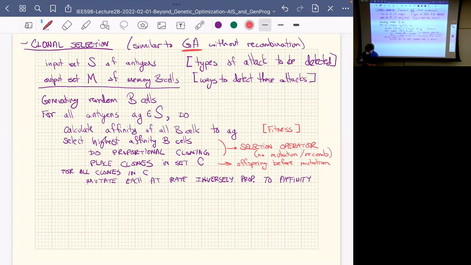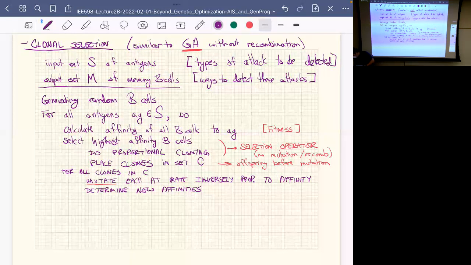And so there's our mutation step here. And then from there, we can determine new affinities after the mutation. It's like determining the new fitnesses. And then we can take all those clones and we can copy them into B.